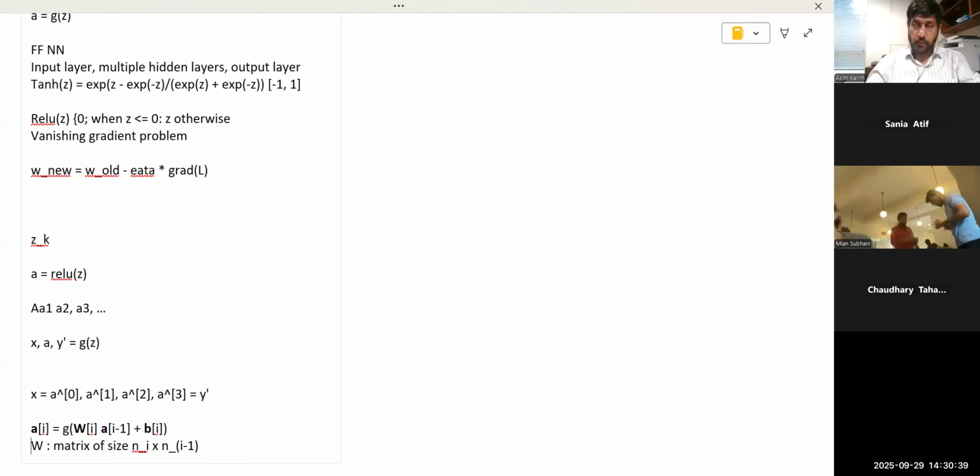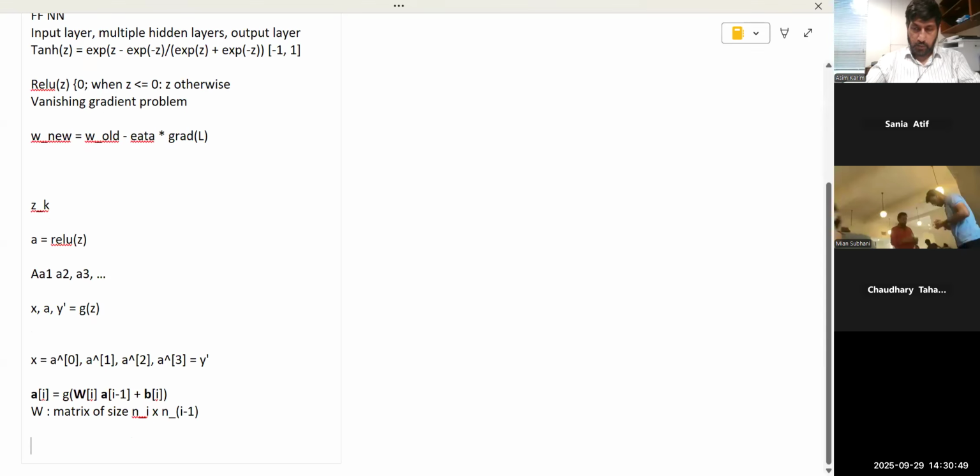So this is a matrix. So if you multiply w with x and add b, you will get a vector of size ni. So I is not denoting the previous layer, it is the current layer. ठीक है.